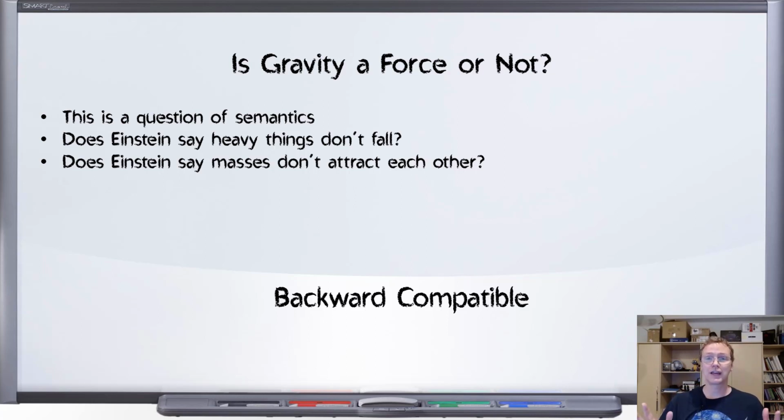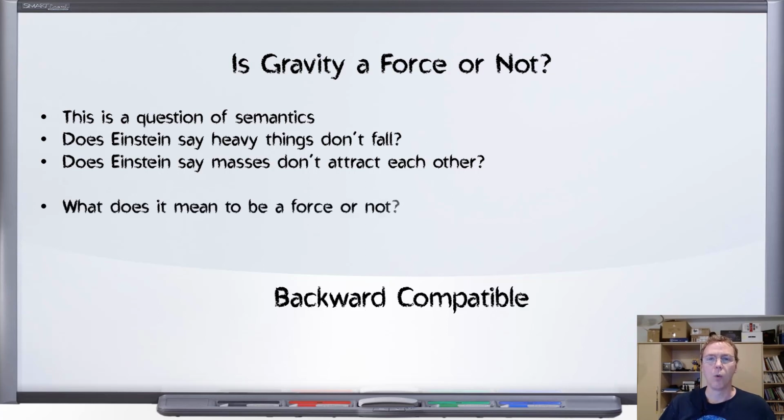What they are saying is that they have another way of looking at the situation in which they describe things differently. And if you haven't made that journey into describing things the way they would like to describe them, you're going to have a communication difficulty, and that is all this is. What does it mean to be a force or not to be a force?